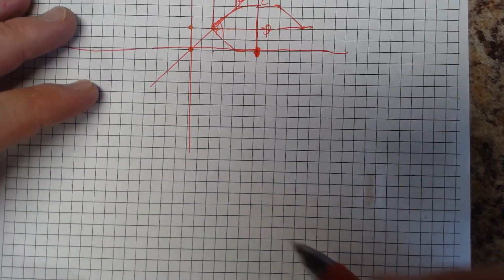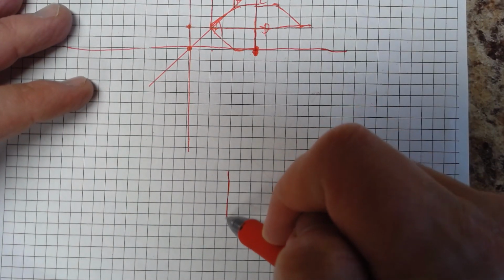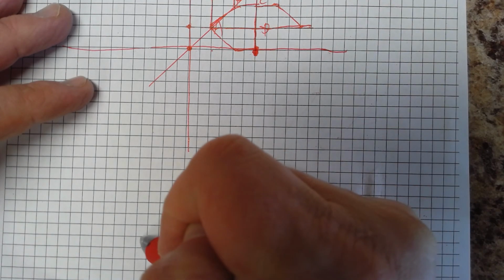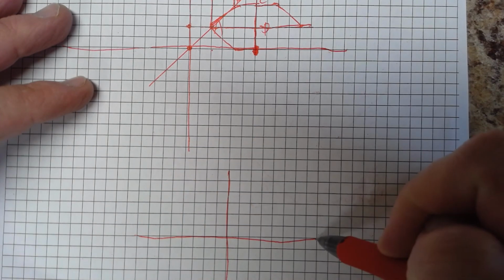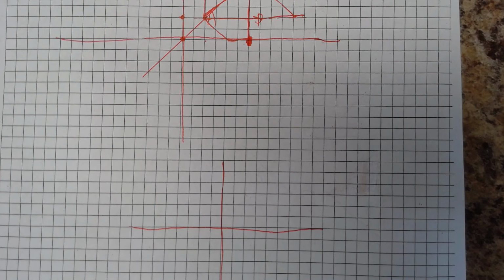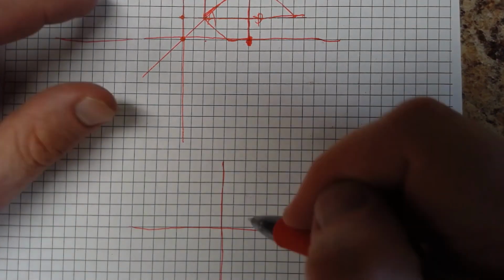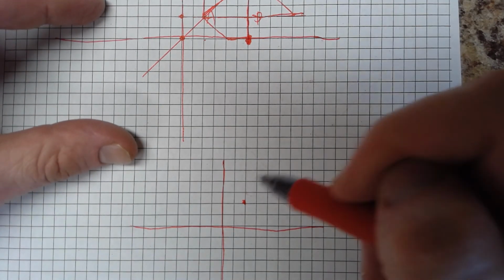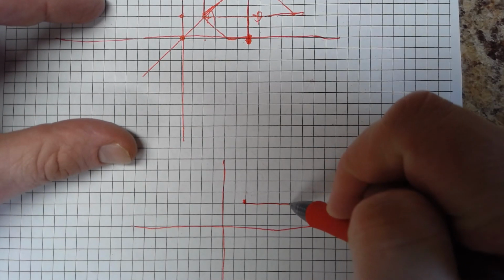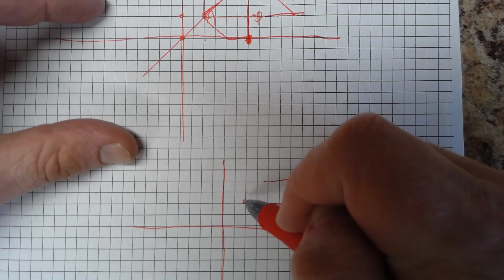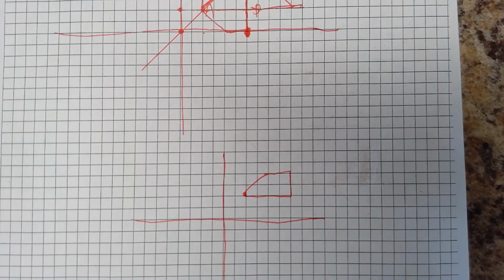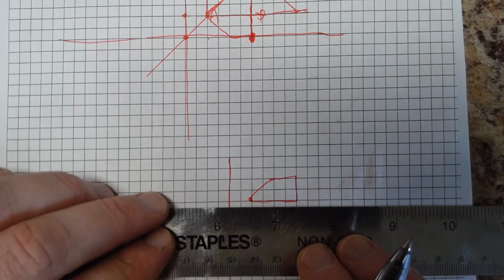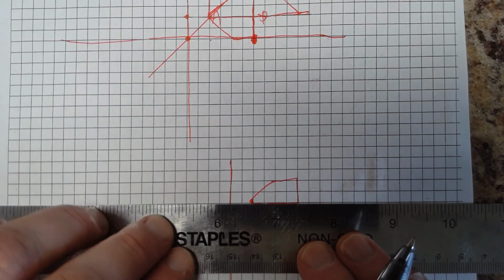Okay? So, there's one grid. We'll make our shape. Go across 2 and up 2, and very quickly make the shape. And here's your first one, going through the y-axis at 2.